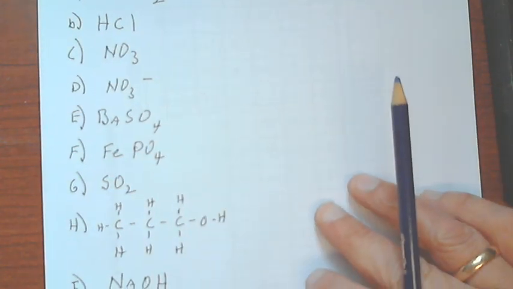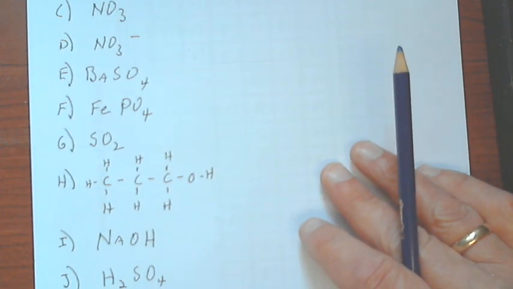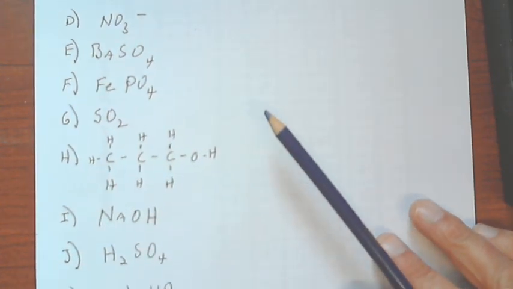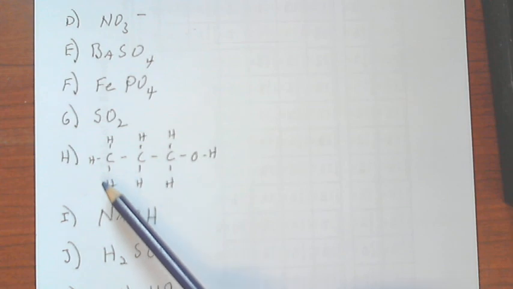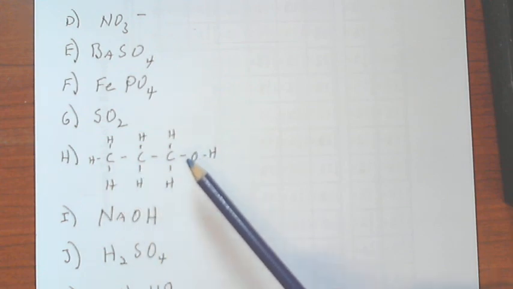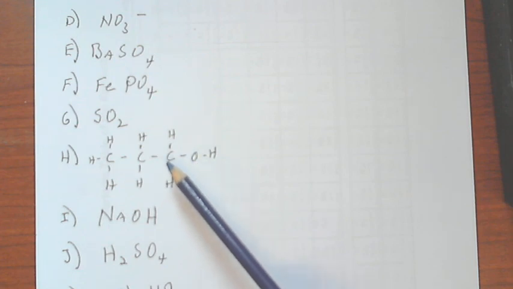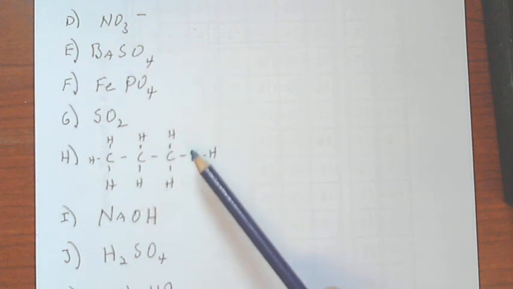So this is iron(III) phosphate. SO2, two nonmetals, so that's sulfur dioxide. This is propane, C3 with an OH, so this is propanol. Since it's on the first carbon, it's 1-propanol.